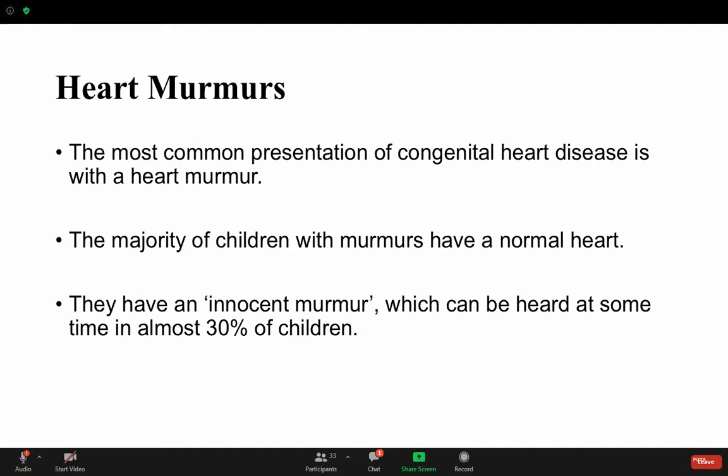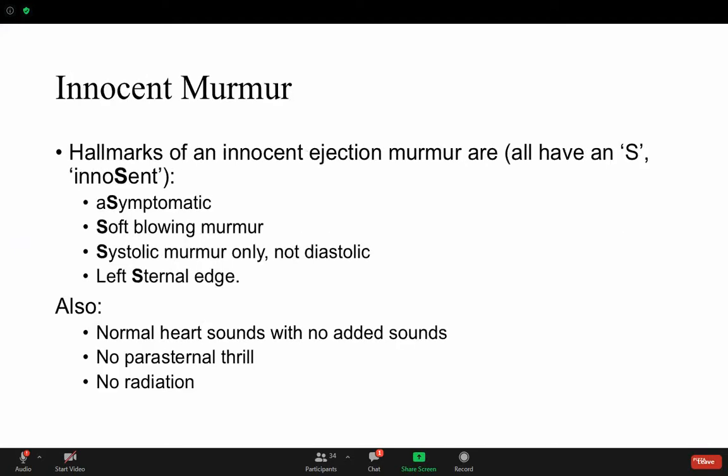It doesn't mean that any heart murmur is abnormal. There is something we call innocent murmurs, meaning you will hear a murmur, but the heart is structurally normal. The hallmark of an innocent ejection murmur is that they all have an S, to remember innocent. It's true it's spelled with a C, but it sounds like an S.